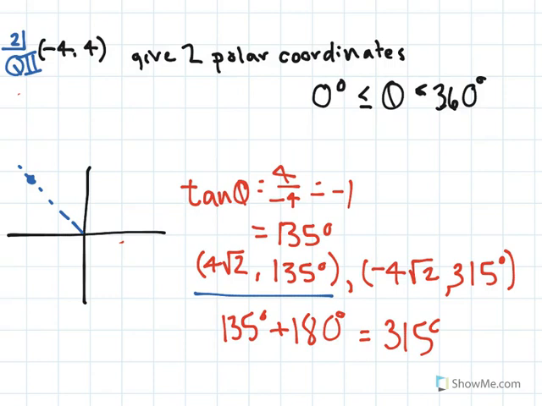With our second point, (-4 root 2, 315 degrees), 315 would create this ray out in this direction, and we're moving negative 4 root 2 units away from where this ray starts. So that's going to move us back up into quadrant 2. We're going to move negative 4 root 2 units this direction, and we can see that this is just going to create the same point.